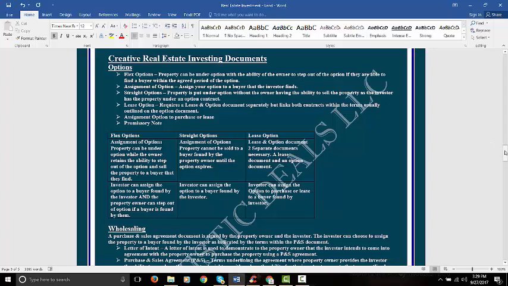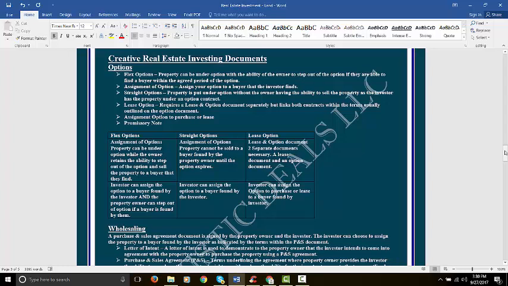Now, it's important that you understand a couple of different points. Contracts in real estate investing will usually have terms that will be followed by the property seller and the property buyer. In addition to terms, there will be something known as a clause or clauses that will be allowed on the document.